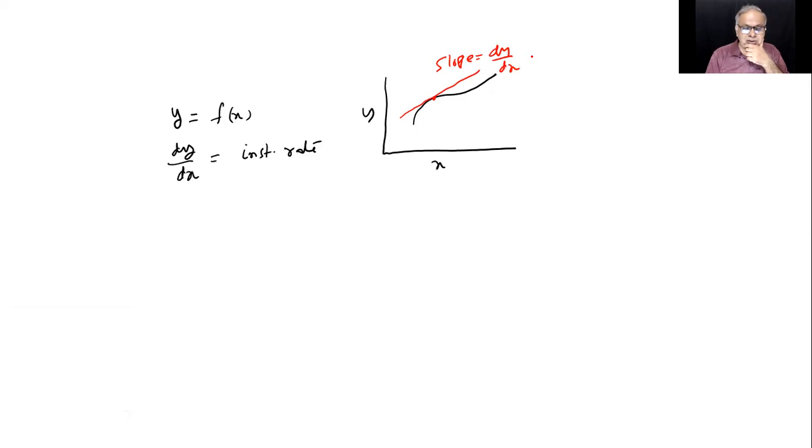But where do we use it basically? We use it to find out instantaneous velocity, instantaneous acceleration, like that, isn't it? So in physics, we say when s is a function of time, I'm still writing in one dimension, so no vectors, nothing.